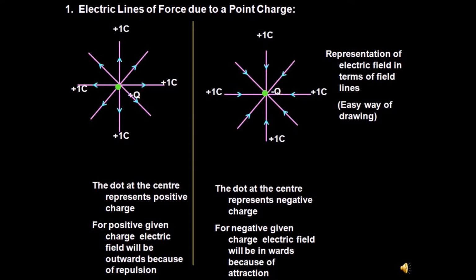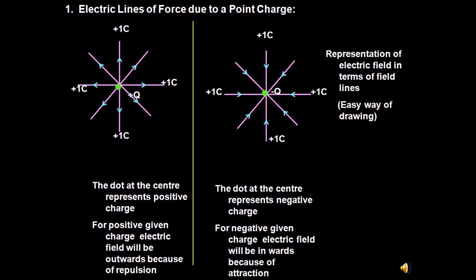Now let us draw the electric field lines due to a single positive and a single negative charge. The first diagram is for the electric field lines due to a single positive charge. We are given a single positive charge at the center. We can call the positive charge Q greater than 0 also.